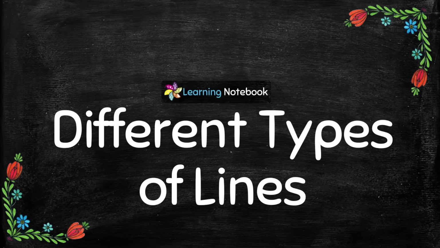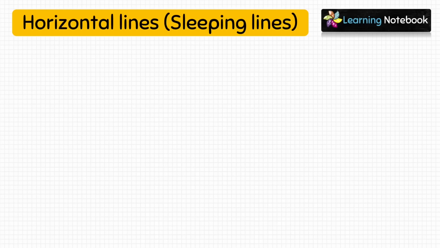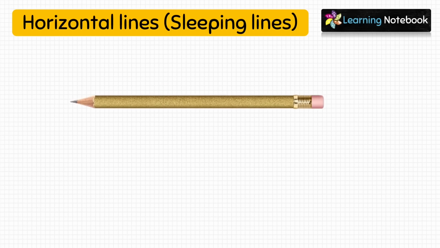Now let's learn different types of lines. So first type of line is horizontal line, or we can call it sleeping line. Like here, this pencil is lying flat on the ground, or we can say that this pencil is lying horizontally.